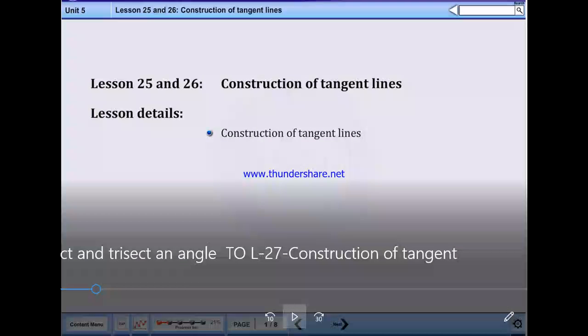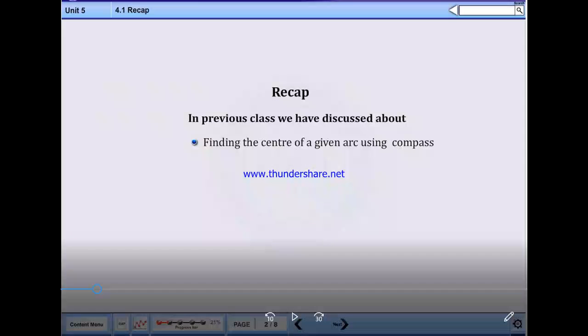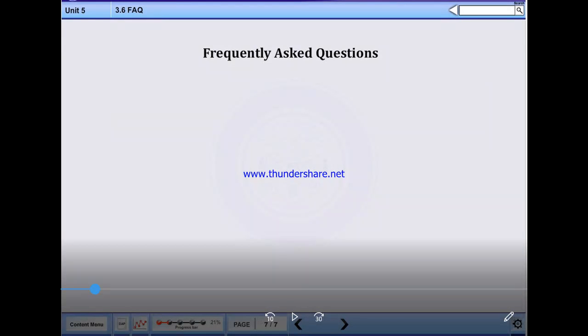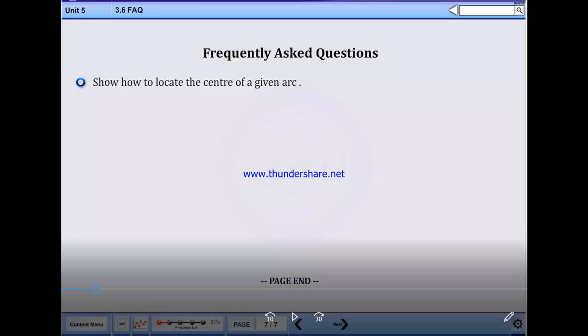Now note down the frequently asked questions. Show how to locate the center of a given arc. This way we may get the questions from this topic.